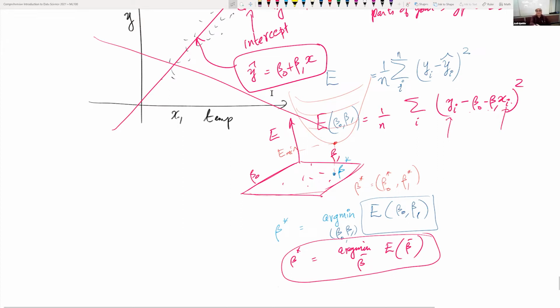Now, this can be generalized from one variable to multiple variables, x2. For example, if you go to the giraffe now, the height and weight of the giraffe, predicting the age, everything remains the same, right?